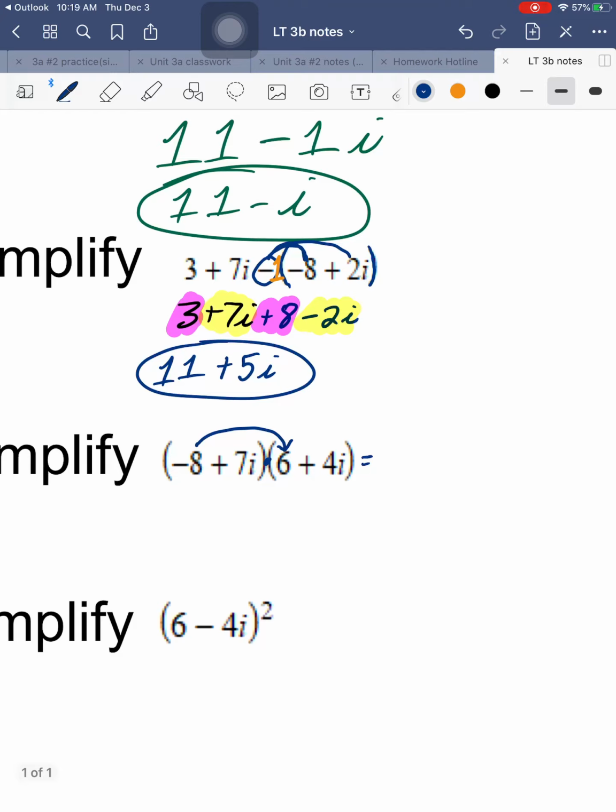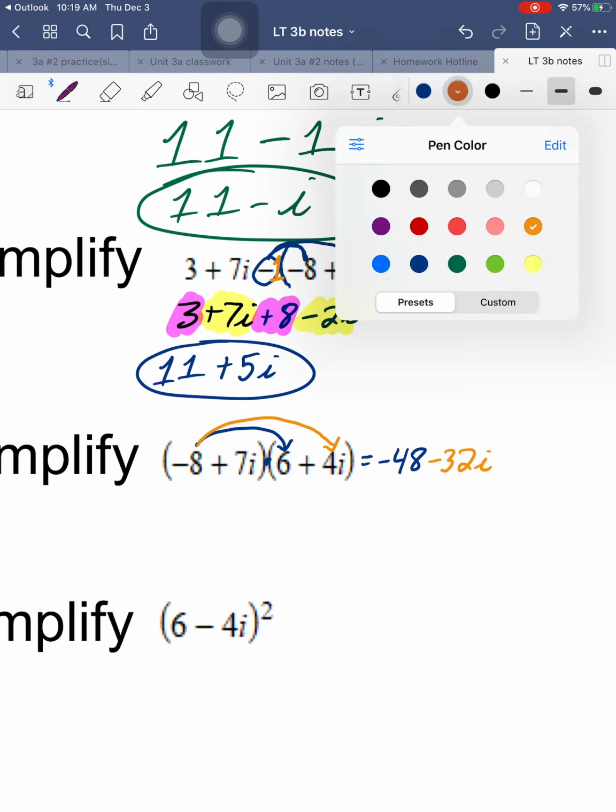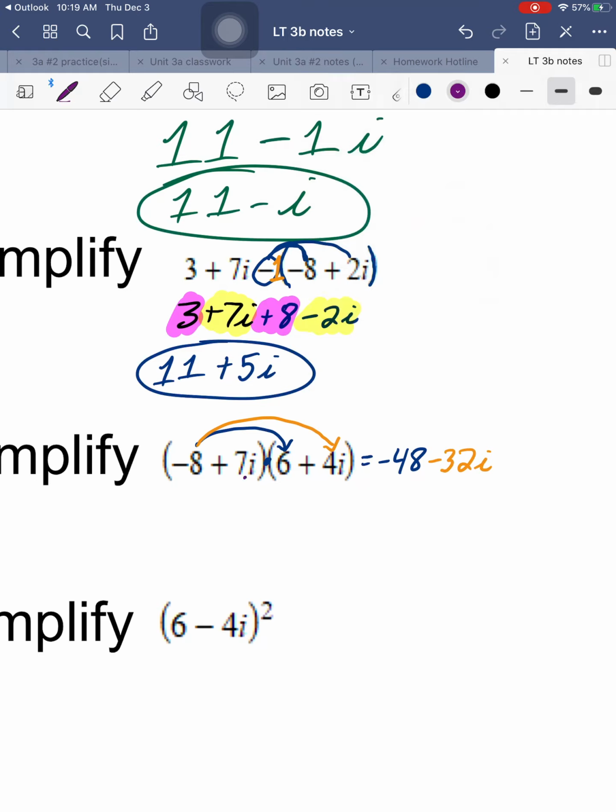So negative 8 times 6 is negative 48. Then let's do this in different colors. Negative 8 times 4i is negative 32i. The great thing about all these colors, we can do this. So positive 7i times 6 is a positive 42i.